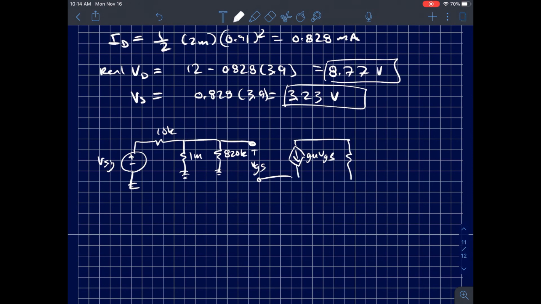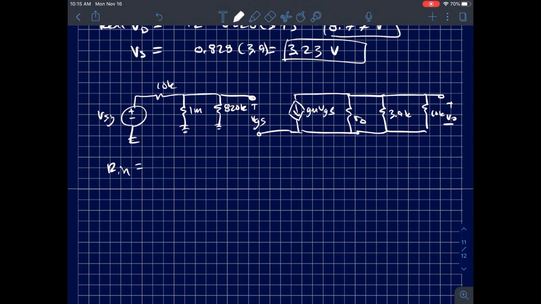And I've got an r0 here, and I've got a 3.9K here, and then a 10K load resistance, V0. So the input resistance is 1 meg in parallel with 820K, which is equal to 450 kiloohms.